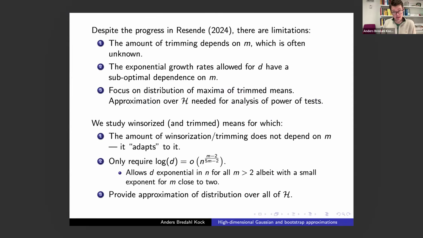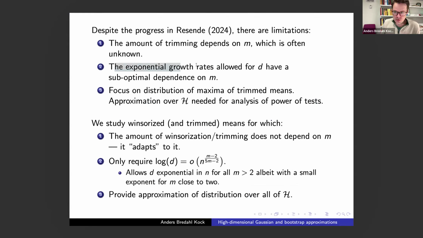Now, despite the progress in Resende, there are some limitations. One limitation being that the amount of trimming depends on m, the number of moments that the x's possess. M is typically unknown in practice, I would dare to say.